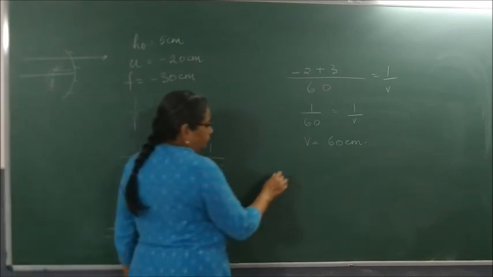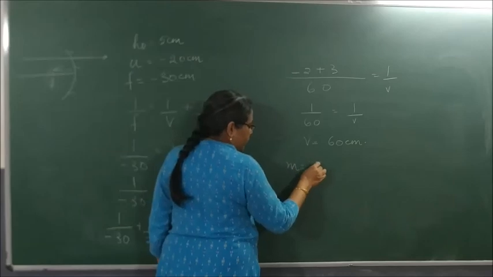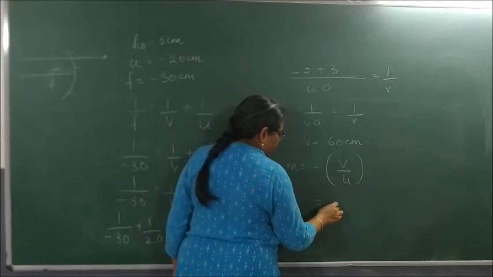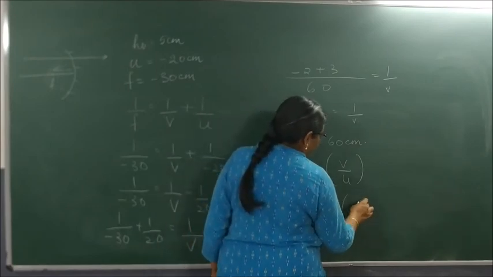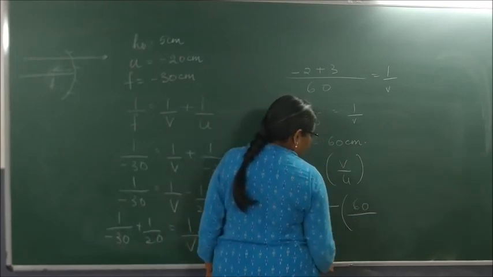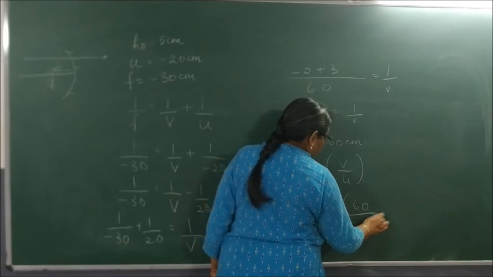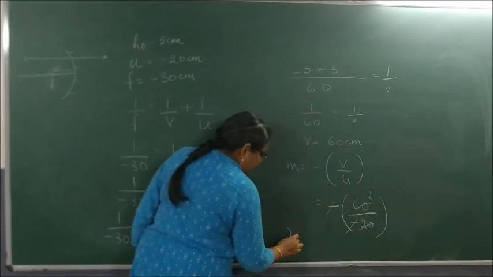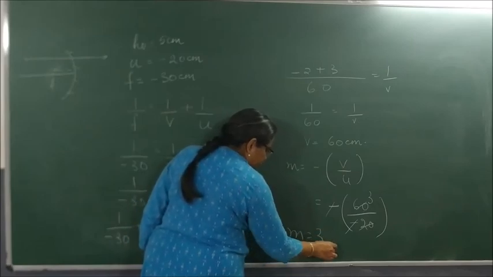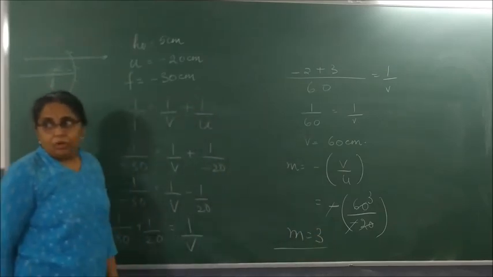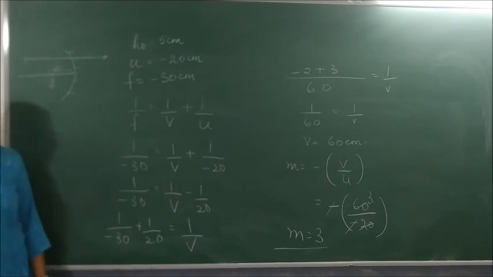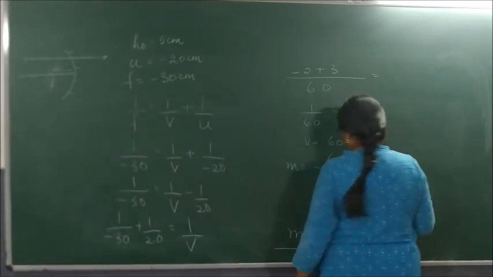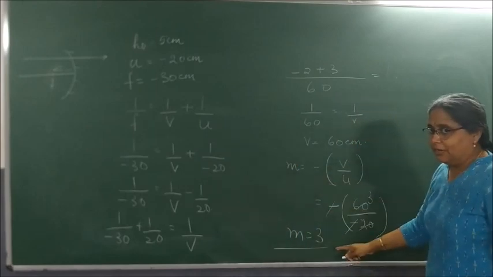Now we have to find out HI. M is equal to minus V by U, which is minus 60 by minus 20. So M is 3, which means the image is virtual and erect. After that, HI by HO. Aditya, this step was skipped there.